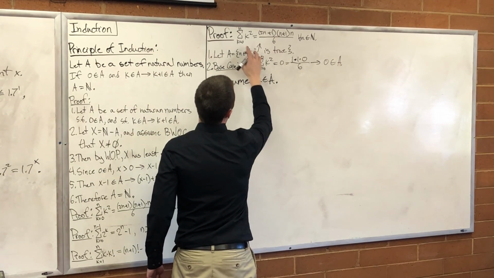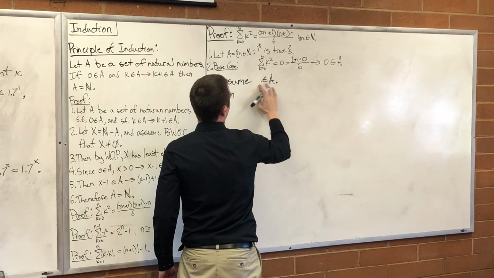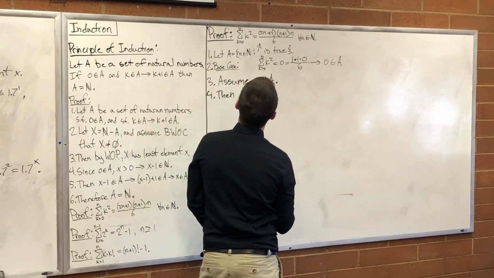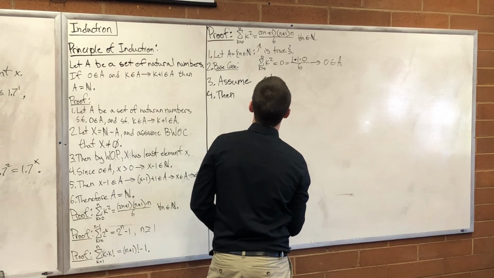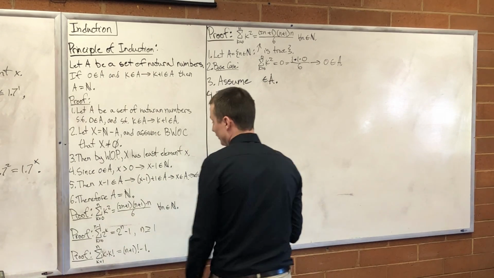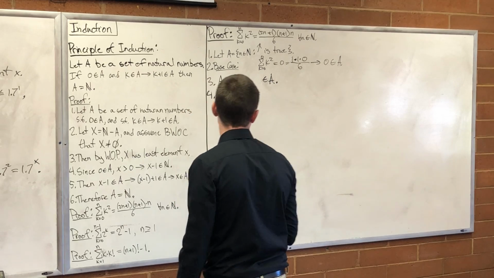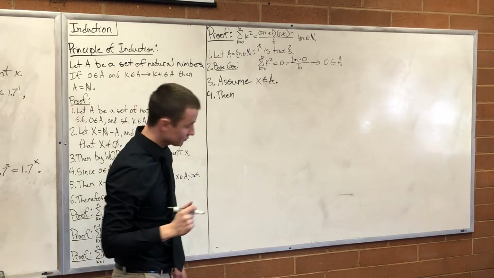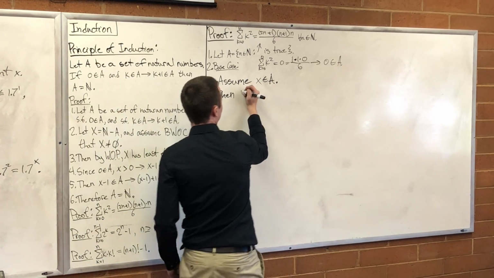Let's not use k because we use k here. What should we use? I really don't like x, but that's what the author keeps using. All right, assume x is in A. So if x is in A, what does that mean?